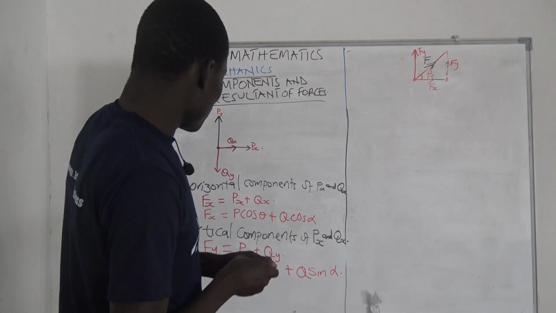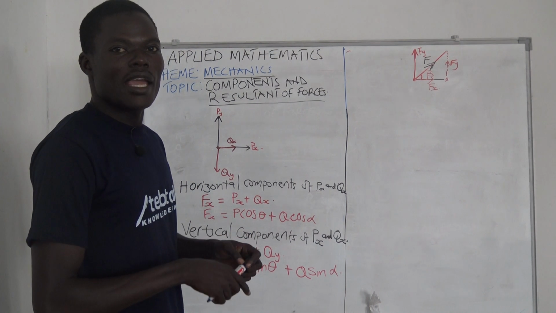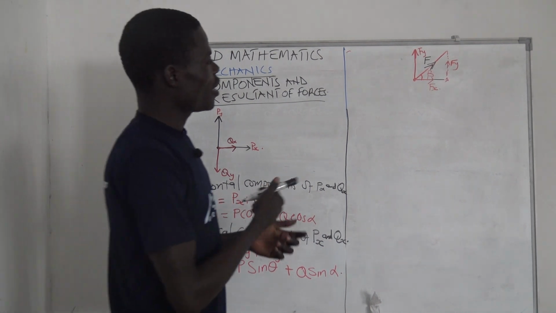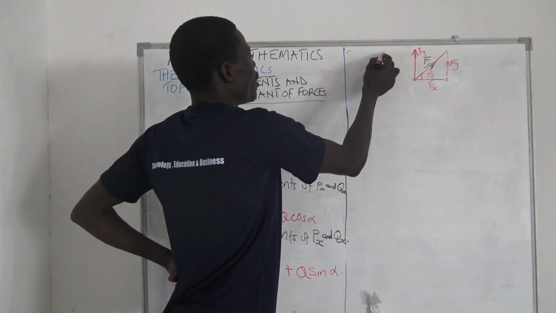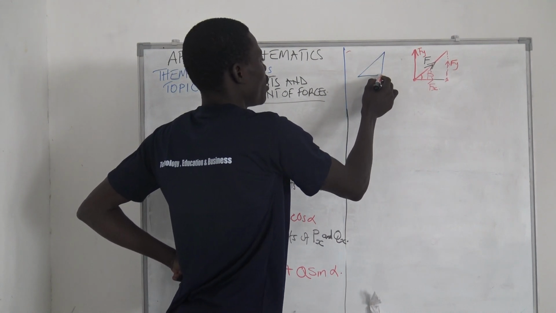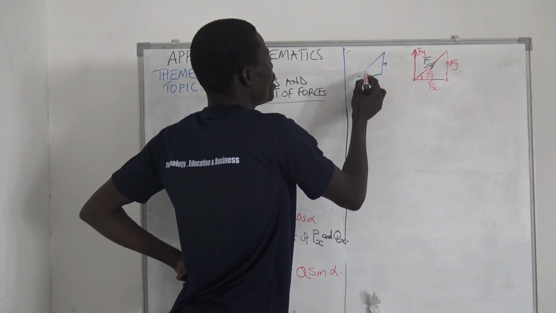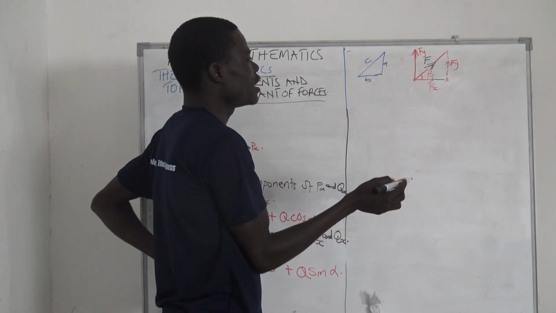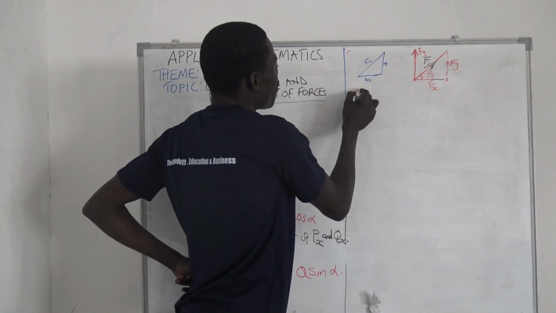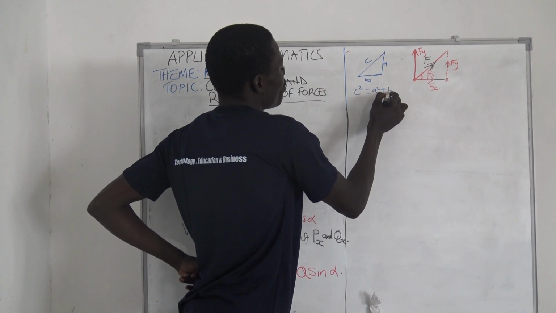From your identities of the angle, if you have two sides A and B and a third side C, how do you get C? From the theorem, we have C squared equals A squared plus B squared.